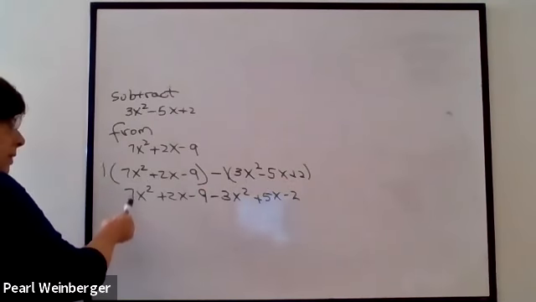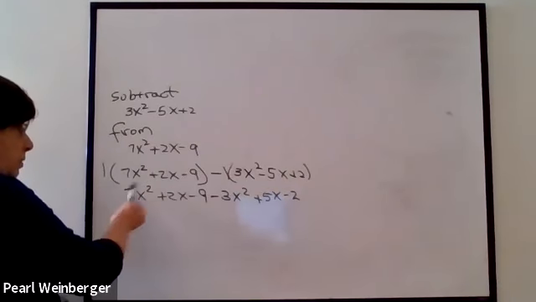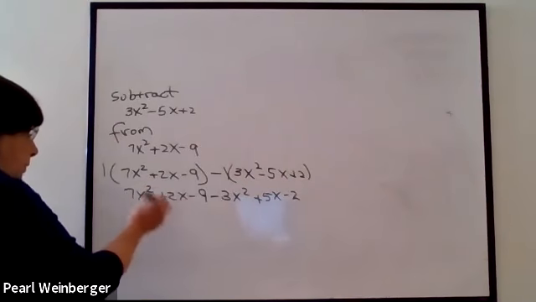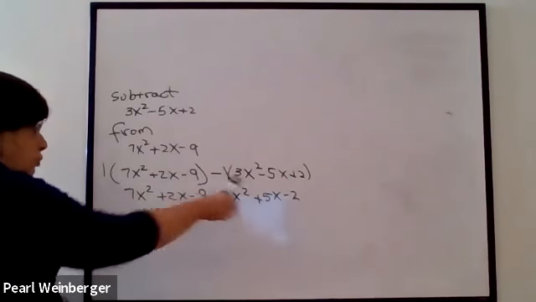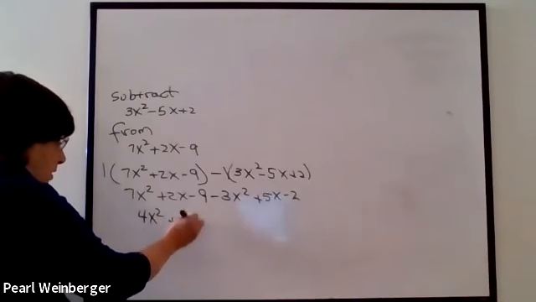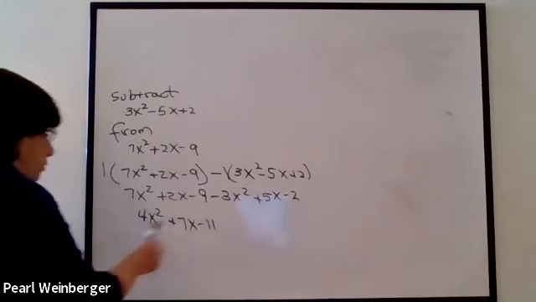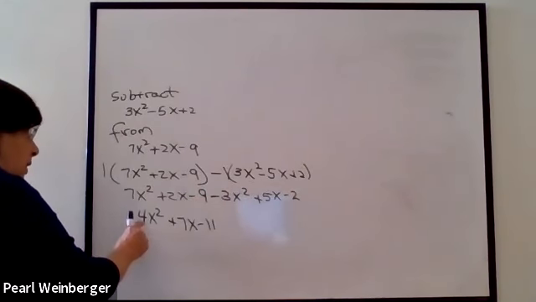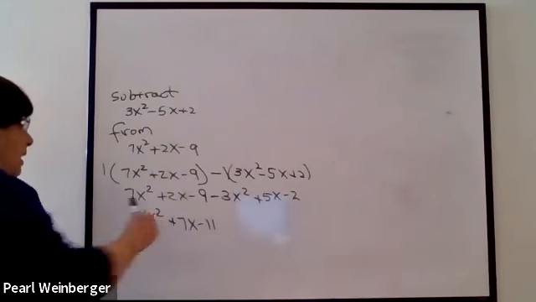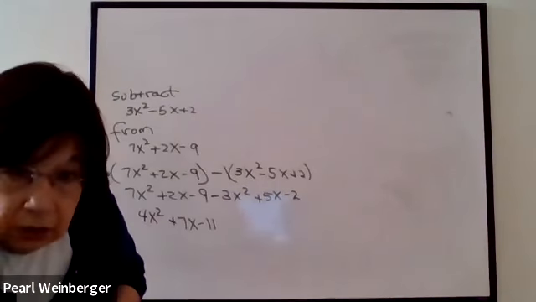And when I combine the like terms, there's a 7x squared and a -3x squared. 7 minus 3 gives us 4, so that's 4x squared. Then we have a positive 2x and a positive 5x, which gives us a positive 7x, and a -9 and a -2, which is -11. So my final answer is 4x squared plus 7x minus 11. Again, a trinomial is our answer in this case.